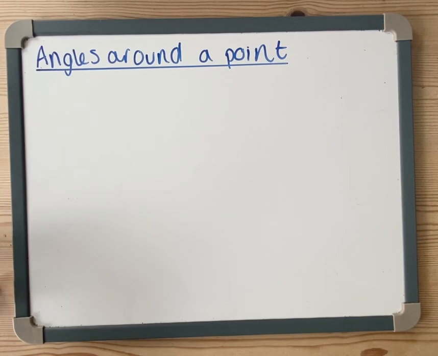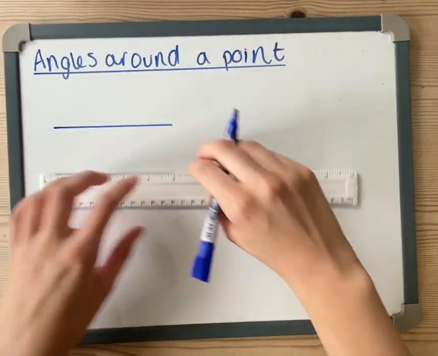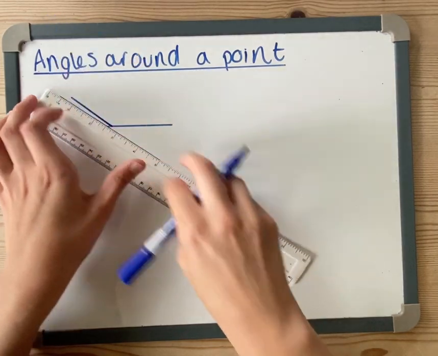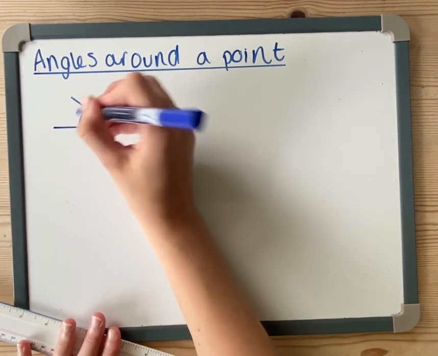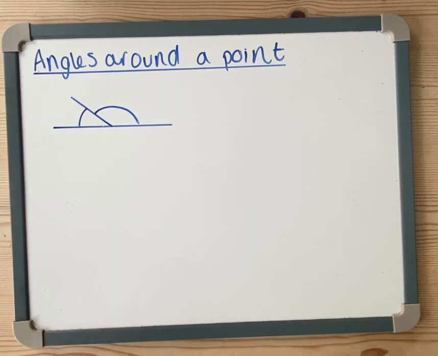Right. So last week we learnt that if we have a straight line and some angles on that straight line, like this for example, and we had that angle and that angle, what did they add to? Say it now if you think you know. It is 180 degrees.